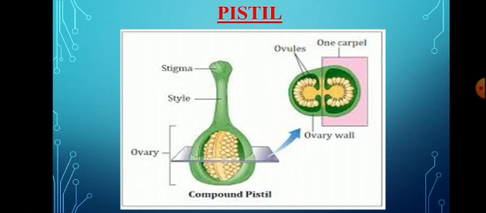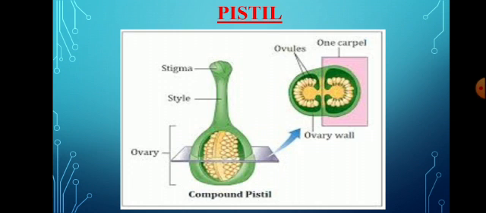The stigma is a small, round and sticky part of the carpel at the top of the style that traps the pollen grains. The yellow colored pollen grains settle on the stigma.